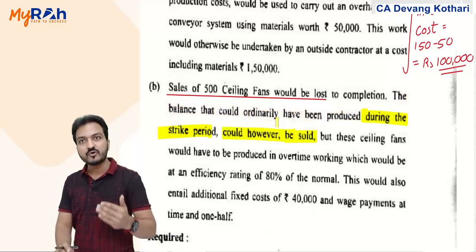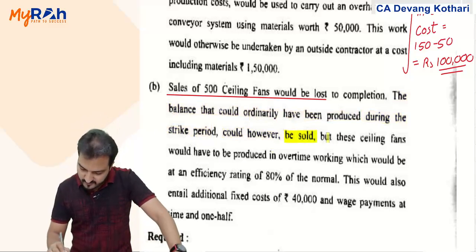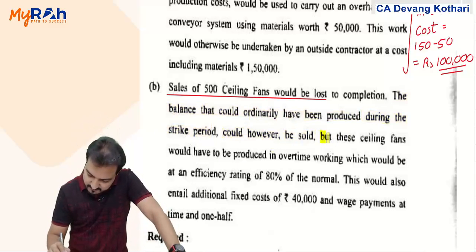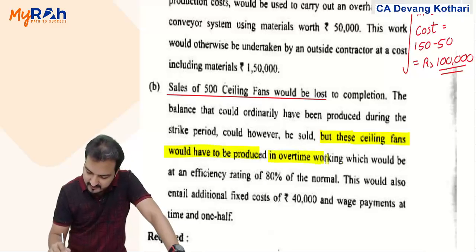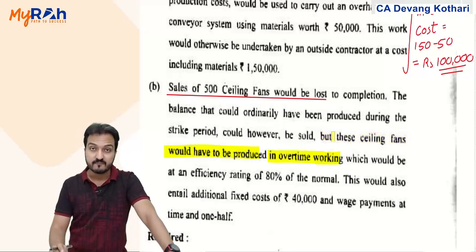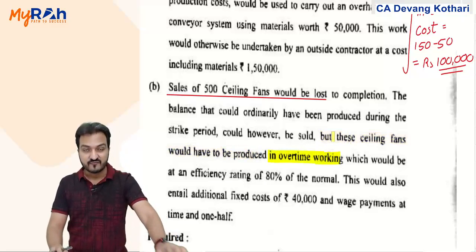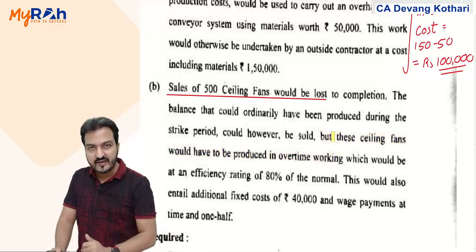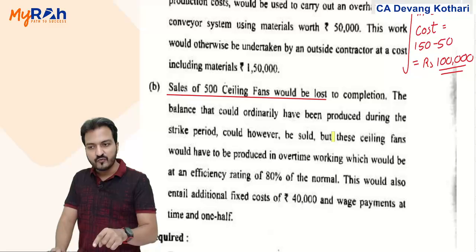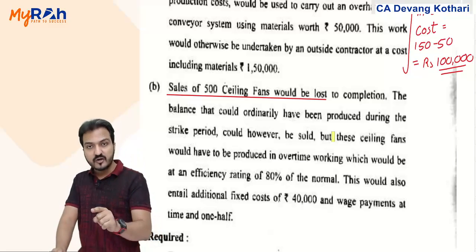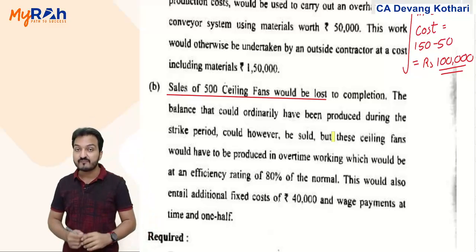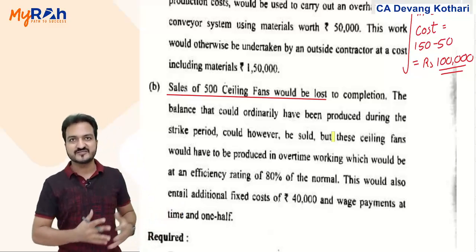Remaining units were possible to sell because these units would be produced in overtime working. That makes sense: after the strike, when I agree to pay them 6% extra, I also put a condition that you will have to work overtime and try to recover the lost sales.